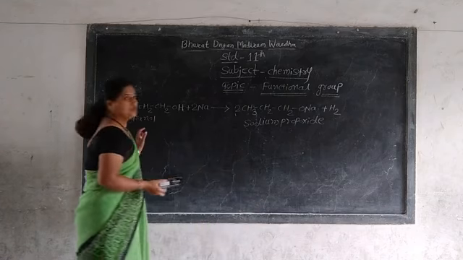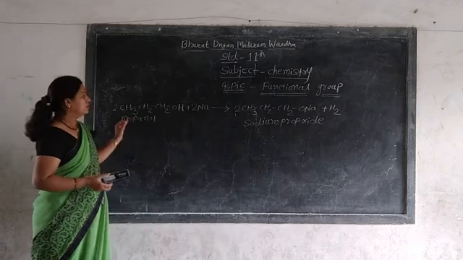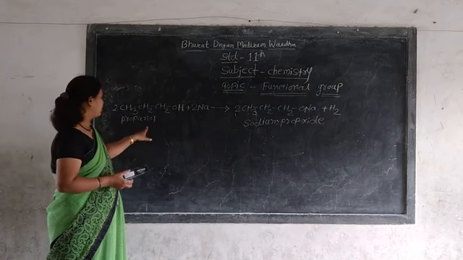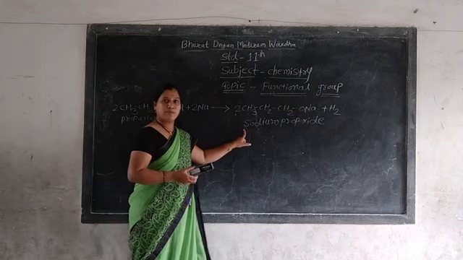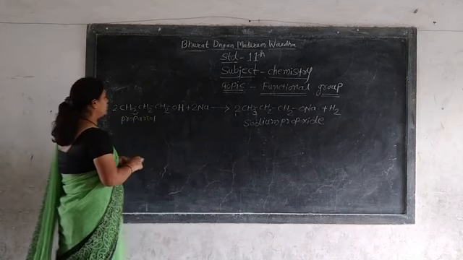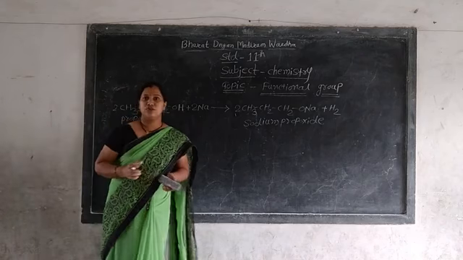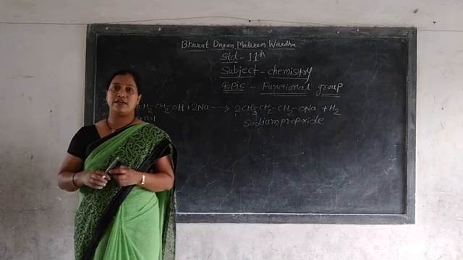Listen, when we observe this reaction, we understand that propanol is the reactant and sodium propoxide is the product. So the reactant gets converted into product.